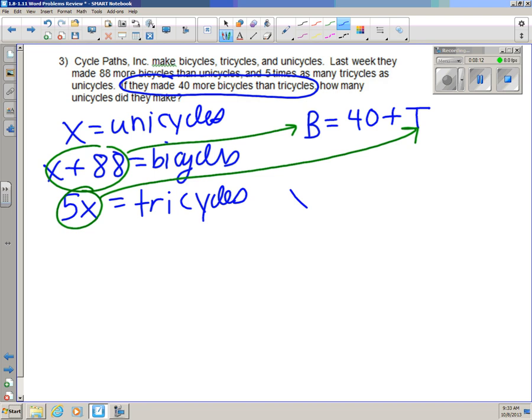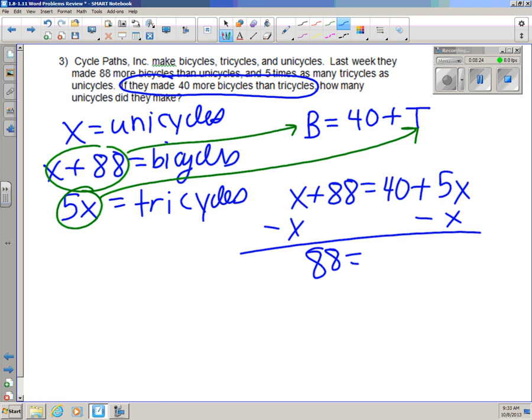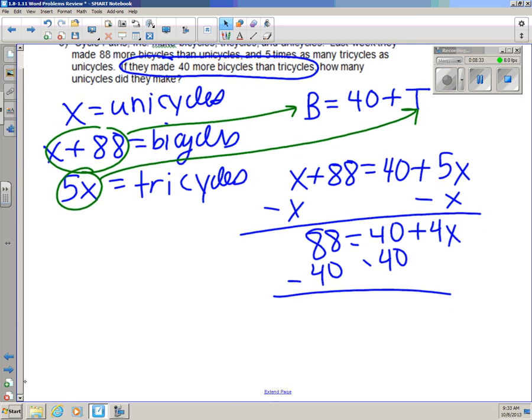So bikes, x plus 88 equals 40 more than trikes, 5x. Just solve it. Subtract x, 88 equals 40 plus 4x, minus 40, minus 40. Bring this up a little bit.